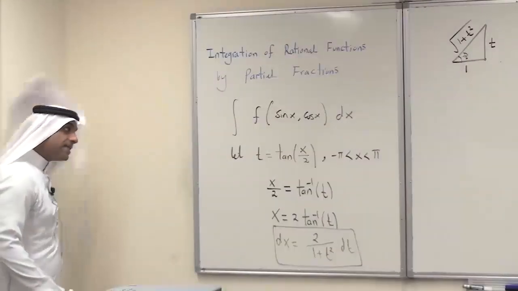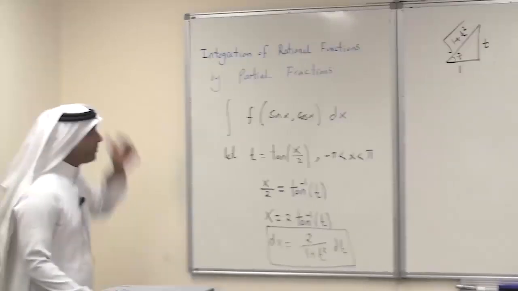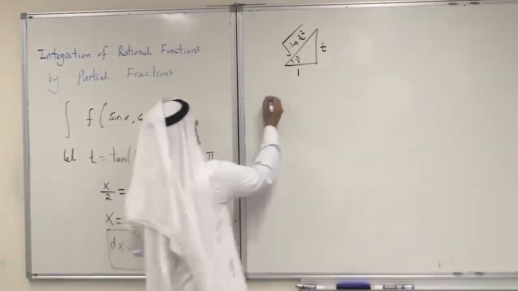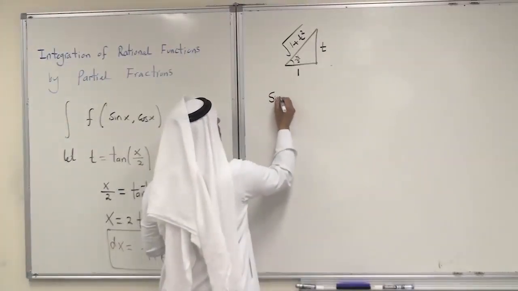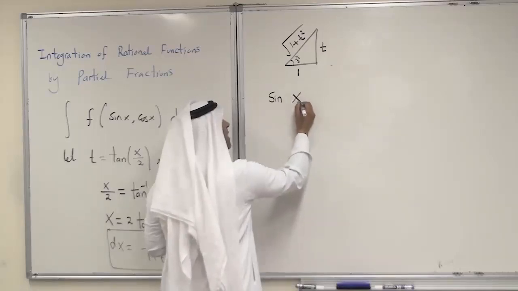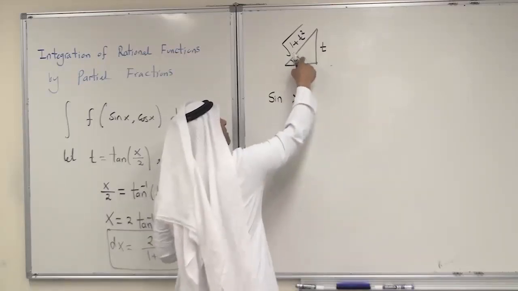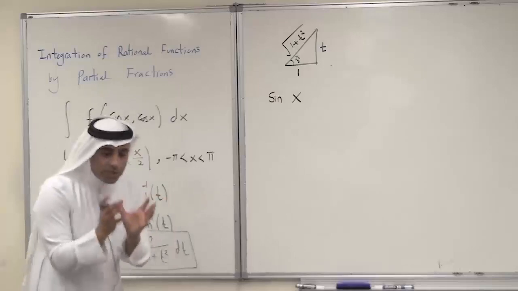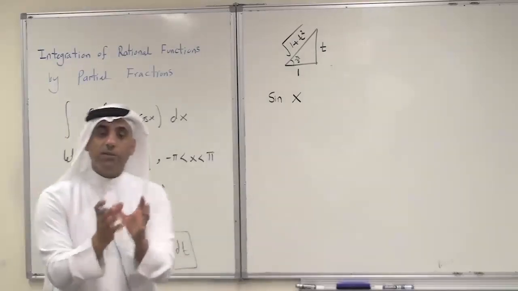What we need is the sine of x, but the information given here is about the argument x over 2.